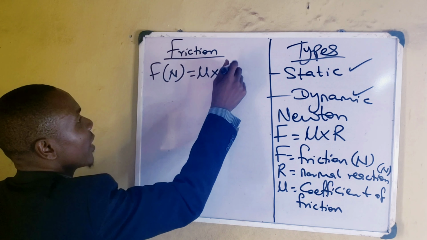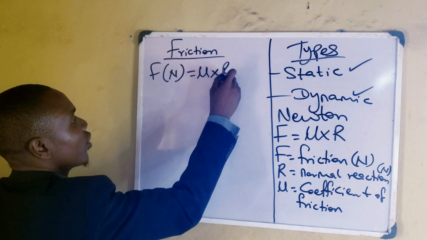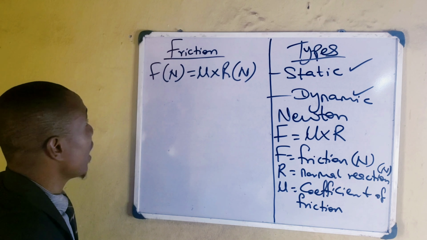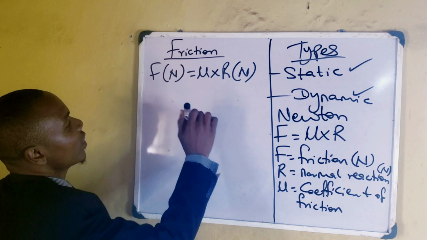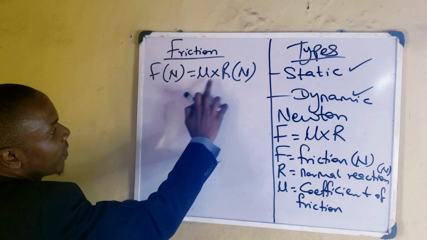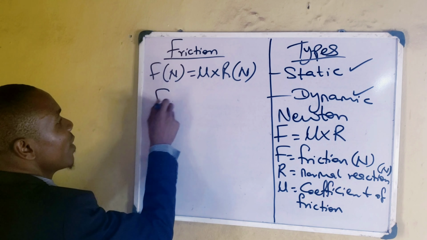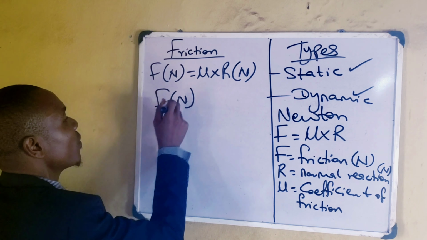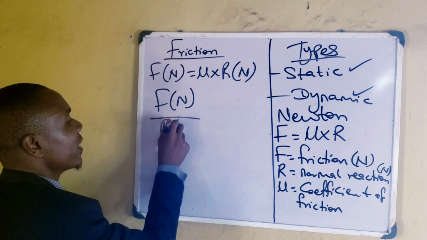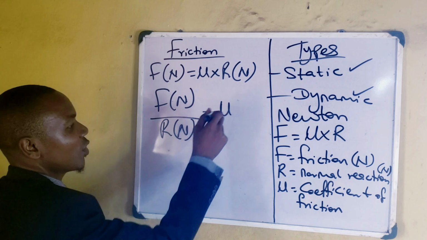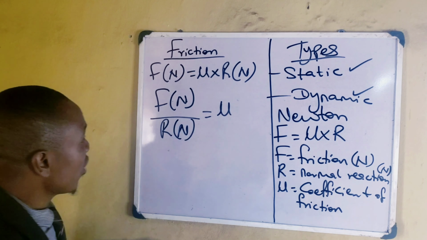Then I have normal reaction, which has a unit of Newton. I want to find the unit of μ. So the R multiplying this, crossing over here, will start dividing. So we have that F, which has a unit of Newton, will be divided by normal reaction, which has a unit of Newton, and that will give us μ, which is the coefficient of friction.